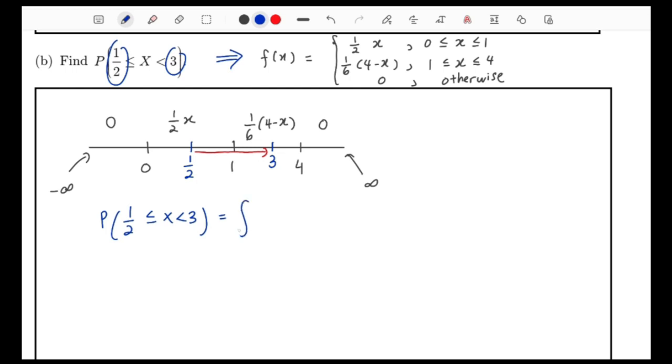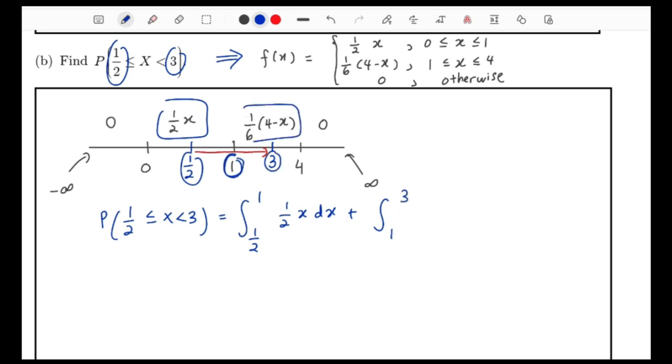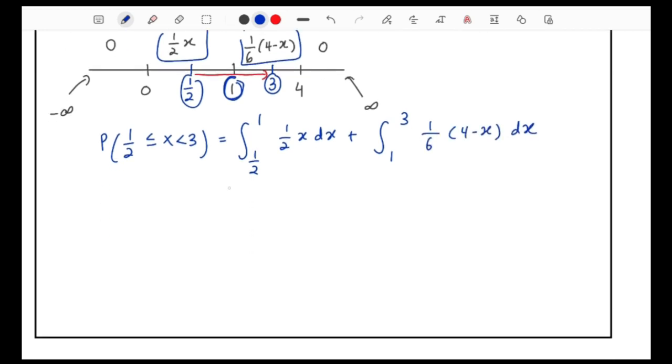The first part is integrating from half until 1. The function is half x, and then plus the second part 1 until 3, and the function is 1 over 6 times 4 minus x, and find the value. Integrate and then find the value.